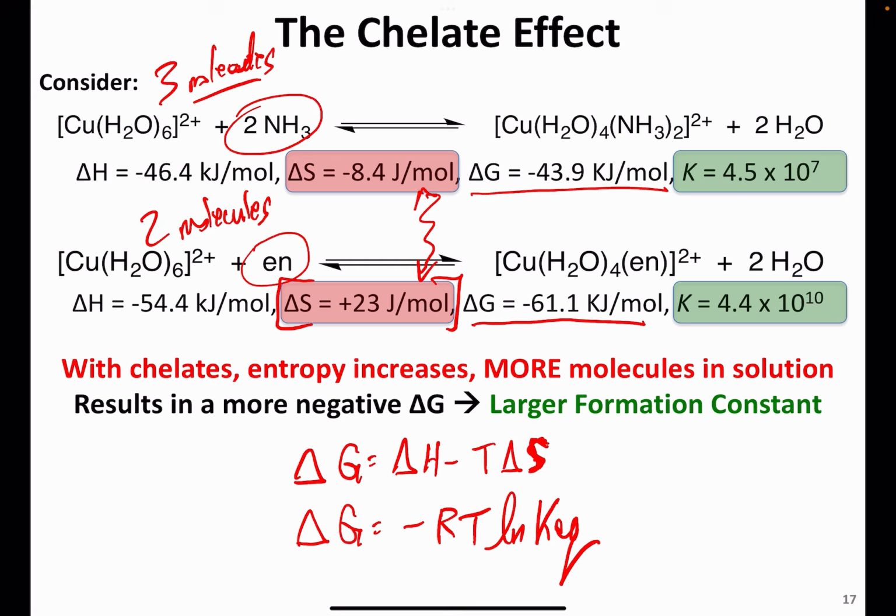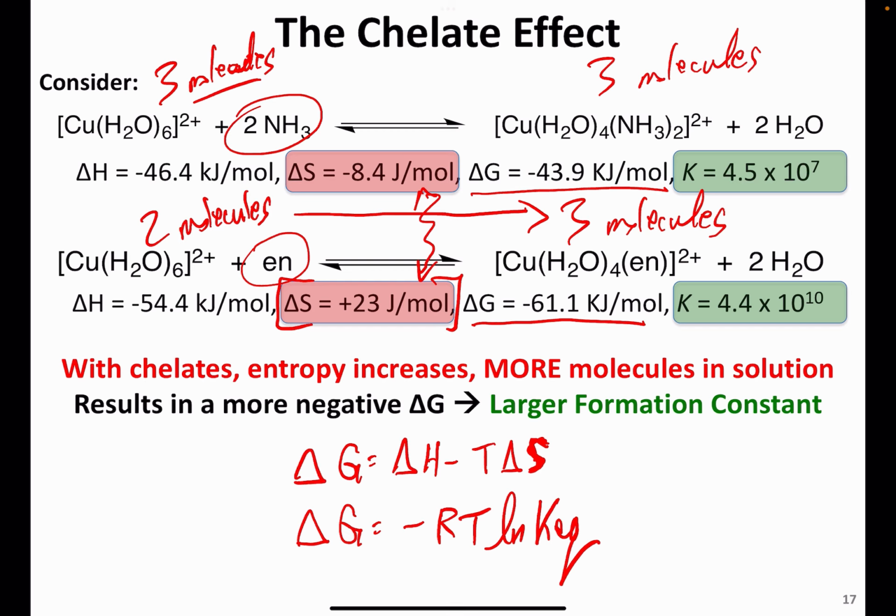When the top reaction occurs, you end up with 3 molecules on the right-hand side of the arrow. On the second reaction, you also end up with 3 molecules on the right-hand side. You go from 2 molecules to 3 molecules. The ethylene diamine displaces 2 water molecules.